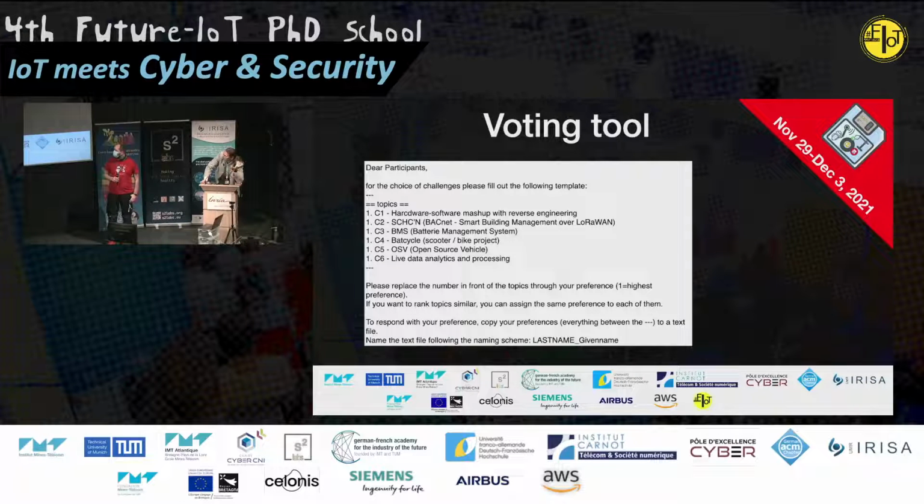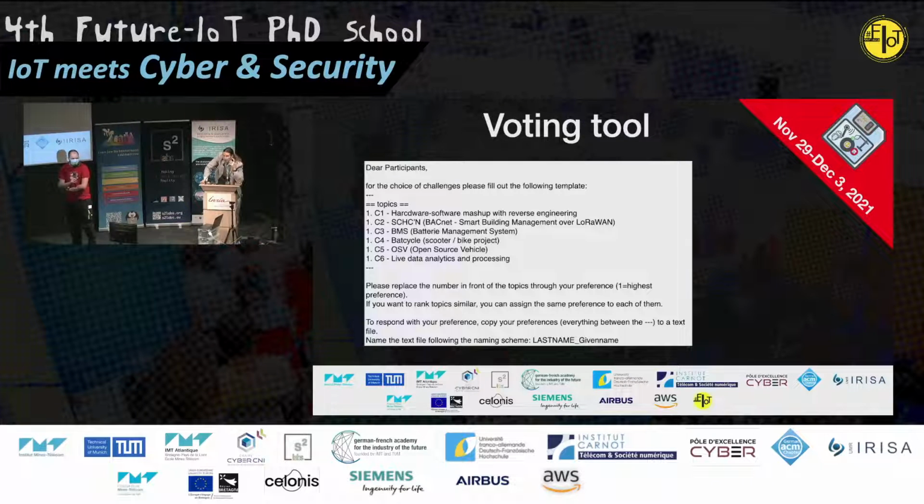You could probably even delete some lines, or not. Better not. So just leave all lines, and if you have topics that you're absolutely not interested in, just put a 7, and then it's clear that you're not interested in those topics.